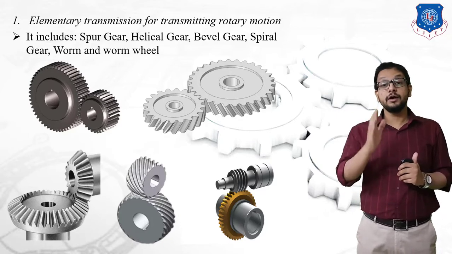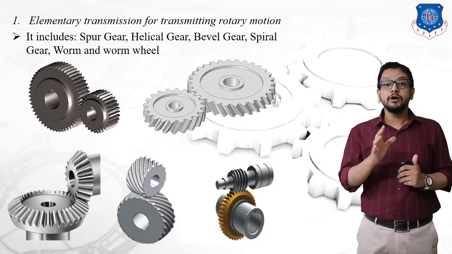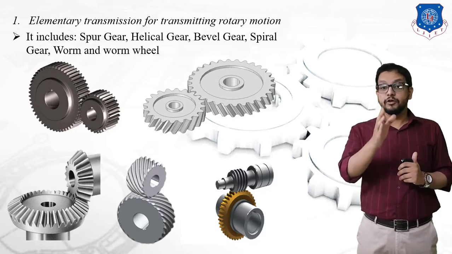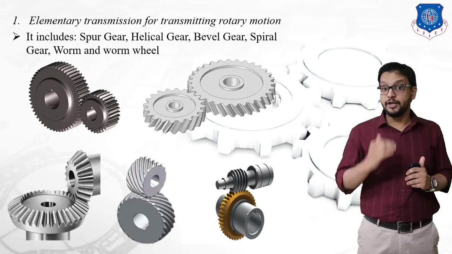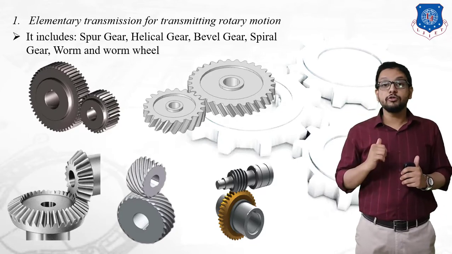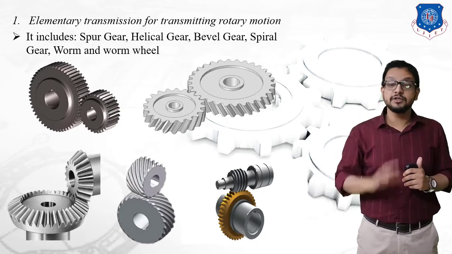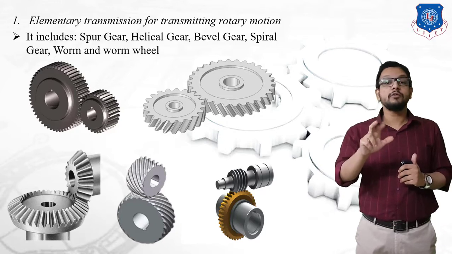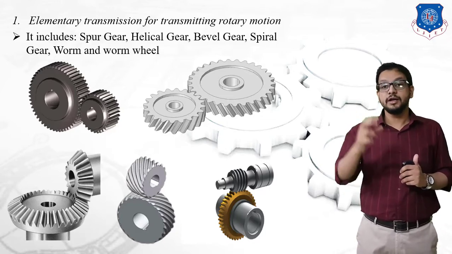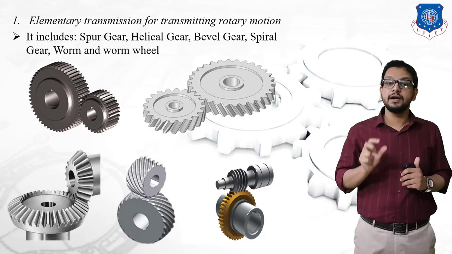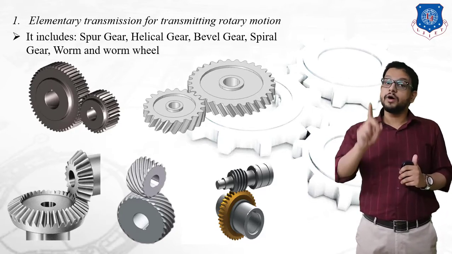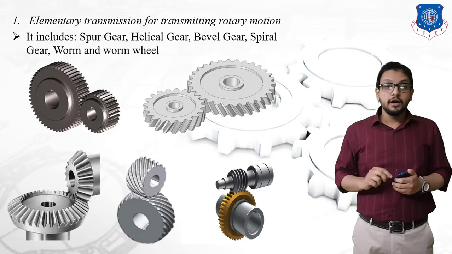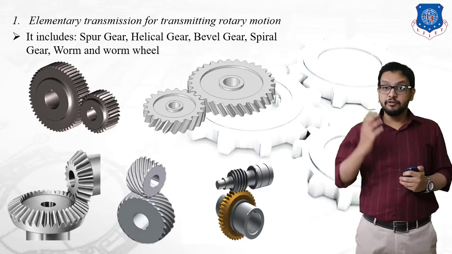It can provide a speed reduction such that if a worm is rotating at 1000 rpm, the corresponding reduction could be 1000 times reduced. That is, we can rotate our worm wheel at 1 rpm. When the worm rotates at 1000 revolutions per minute, the worm wheel can rotate at 1 revolution per minute. I hope that you are clear what the speed reduction is.